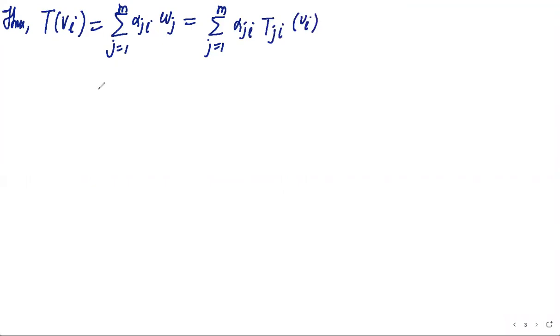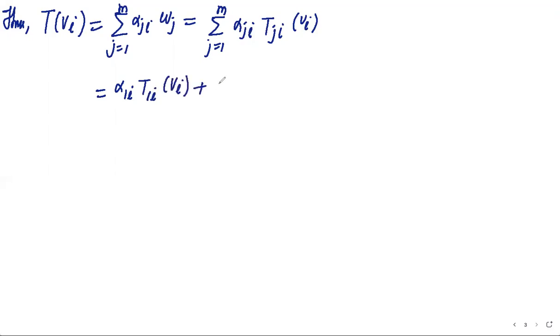Now let's expand it for a while. Now here j varies, so it is alpha 1i T 1i vi. This is the first term.